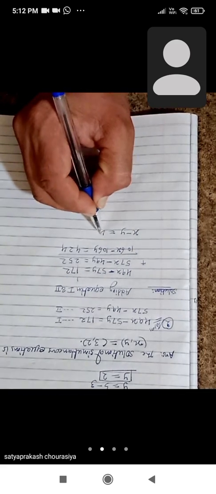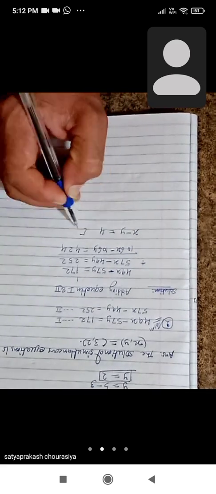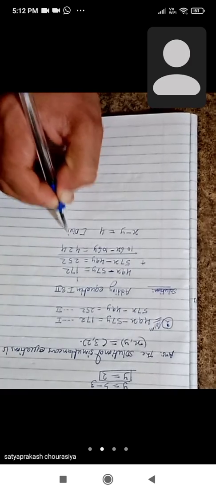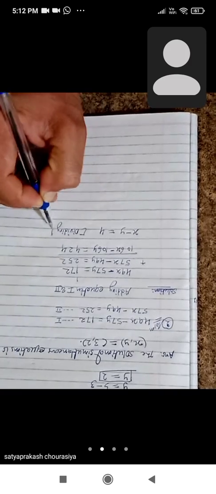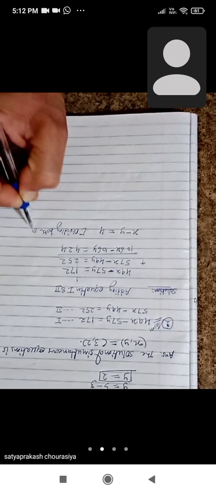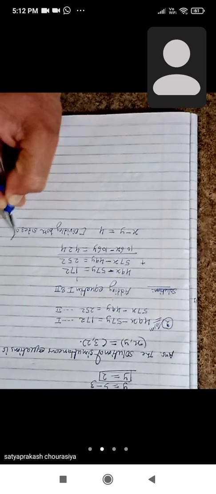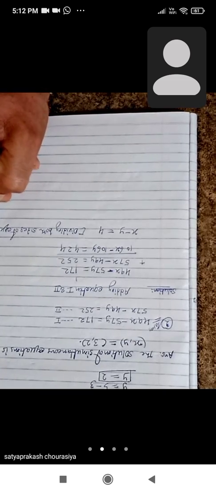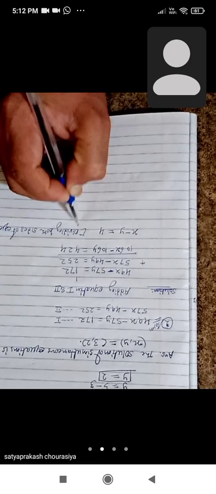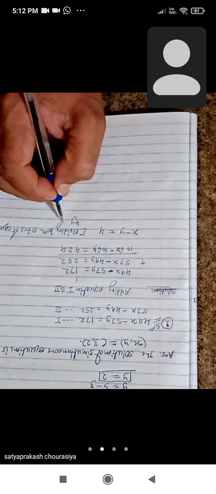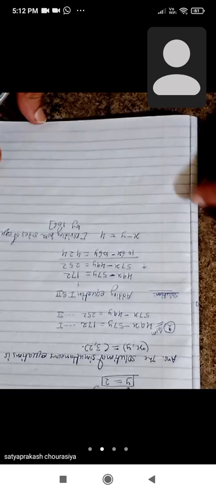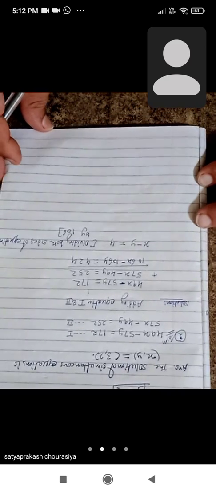So here you will get 4. Here we have to write down: dividing both sides of the equation by 106. किससे डिवाइड कर रहे हैं हम लोग? 106 से डिवाइड कर रहे हैं.